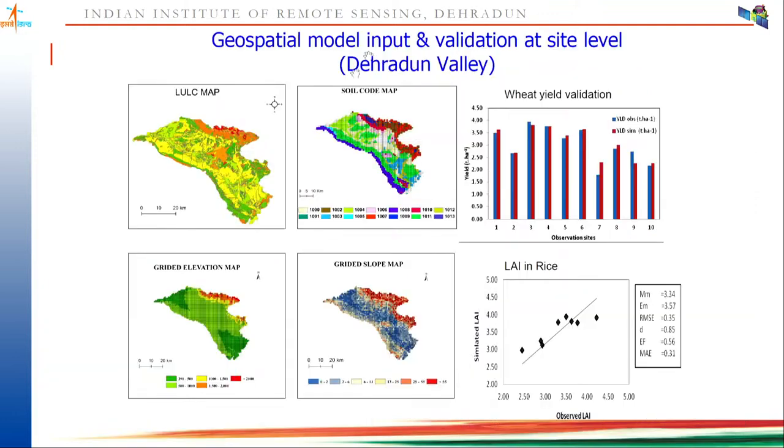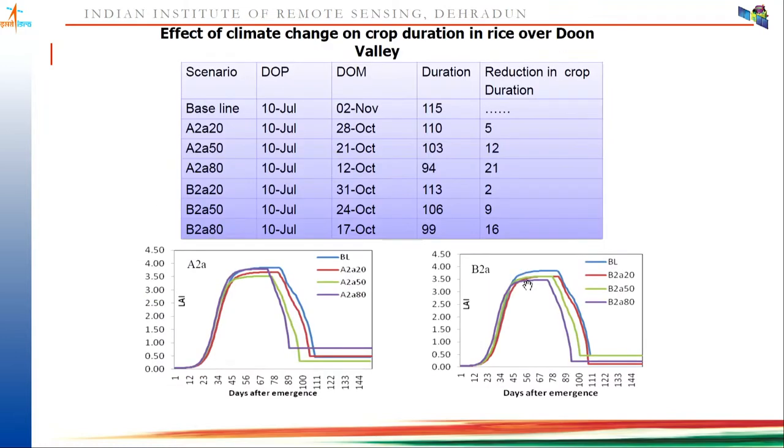So here you see all grids. We have 1 by 1 kilometer grids, with the land use land cover map and soil over the 1 by 1 kilometer grid. For every square box, we have run the model and simulated the crop yield, leaf area index, and water balance. Here you see how it is affecting.